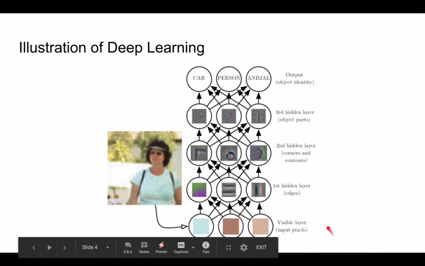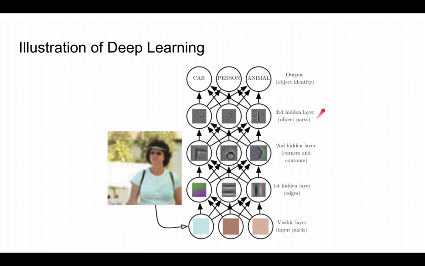When we look at this input, the features are the pixel intensity and also the color. So we have a visible layer. All the pixels will be provided as input. Then we have three hidden layers. A hidden layer is invisible in terms of the output result.